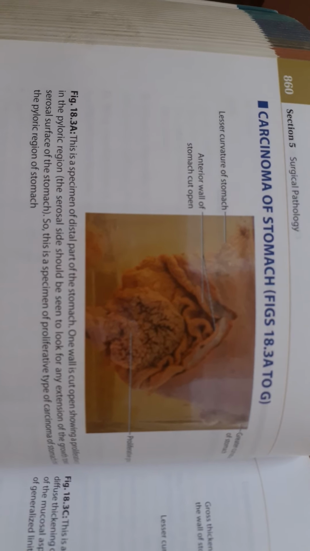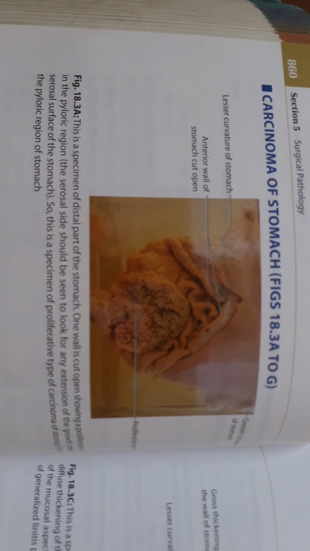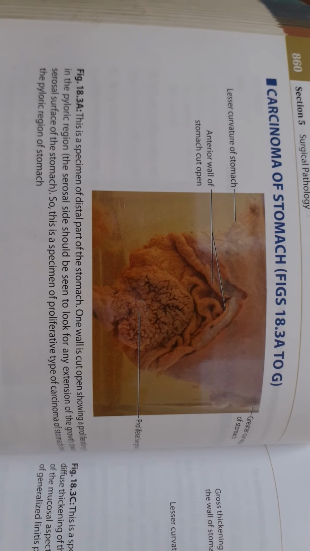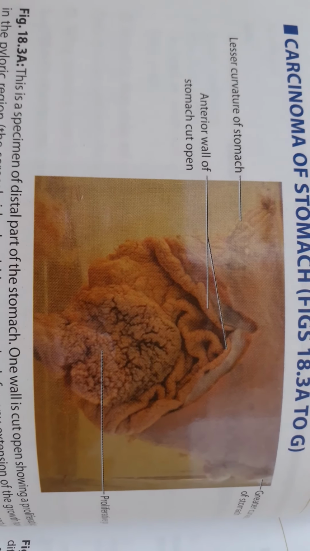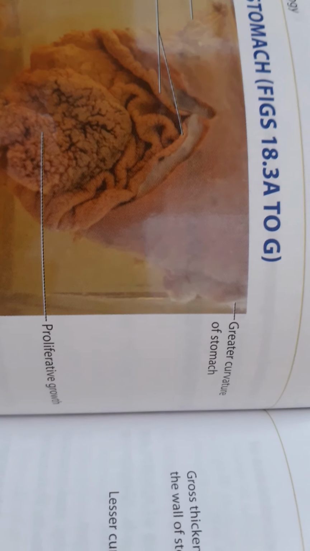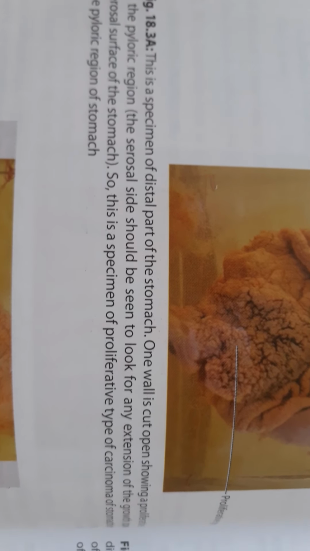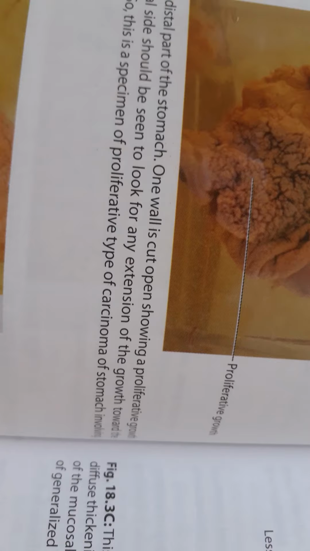Carcinoma of stomach, figure 18.3. Lesser curvature of the stomach, anterior wall of the stomach cut open, greater curvature of the stomach, proliferative growth. This is a specimen of the distal part of the stomach. One wall is cut open, showing proliferative growth in the pyloric region.